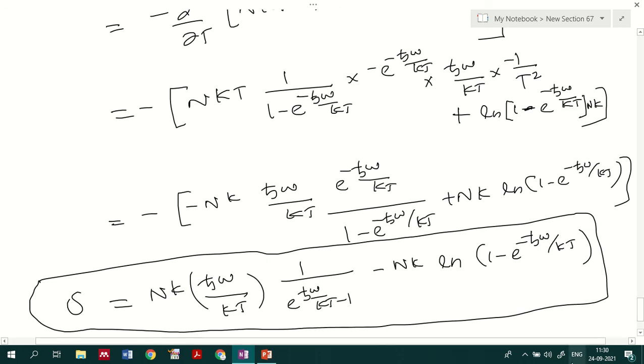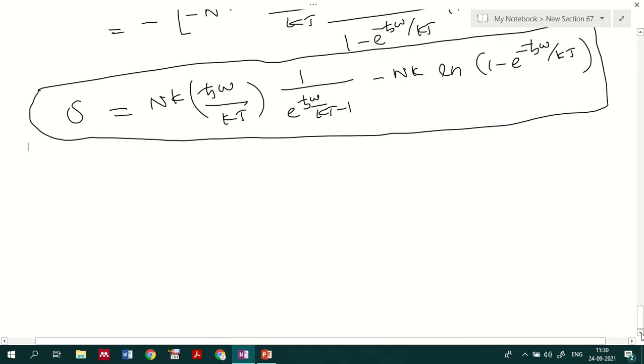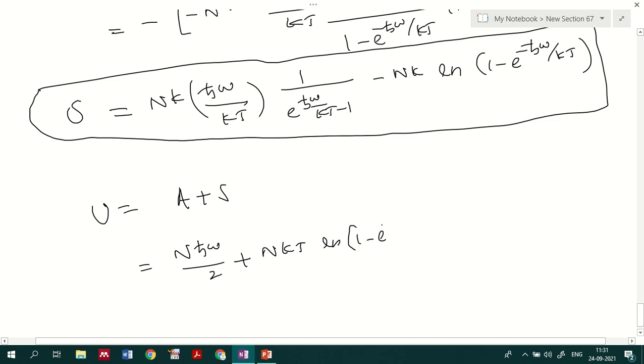Once you get the entropy, it is easy to go for the internal energy representation. So the internal energy is U equal to A plus TS. We already know A equals Nħω/2 plus NkT ln(1 − e^(−βħω)).